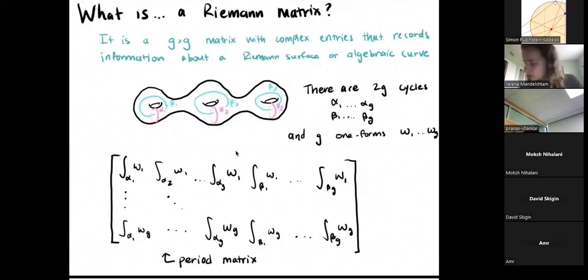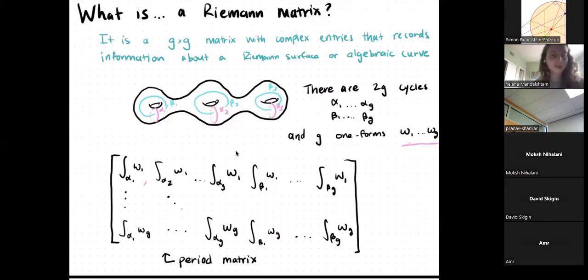This isn't a chain of integrals; these are separate entries in a G by 2G matrix. Each entry is a single integral: we integrate each of our one forms on each path. If you haven't seen integration, it's a process where, given a path and a function, you get a number out of it.